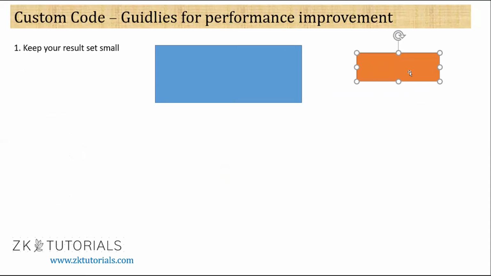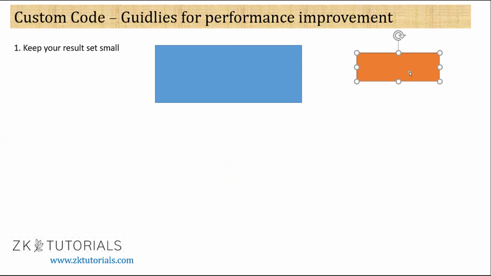If your result set is small, then you will get better performance. Of course, you would not want to transfer a lot of data from the database layer to the application layer, and you want good performance. You still want to show the correct result to the user.